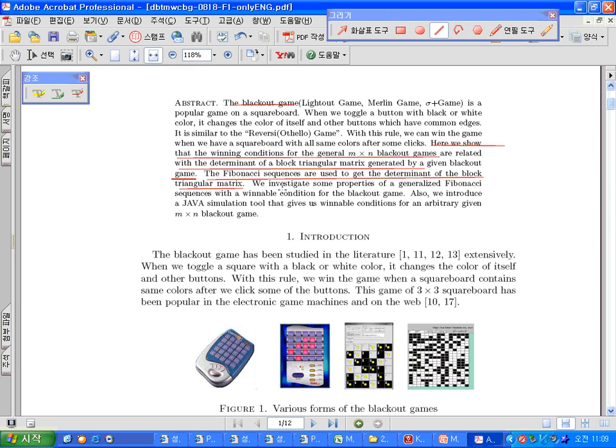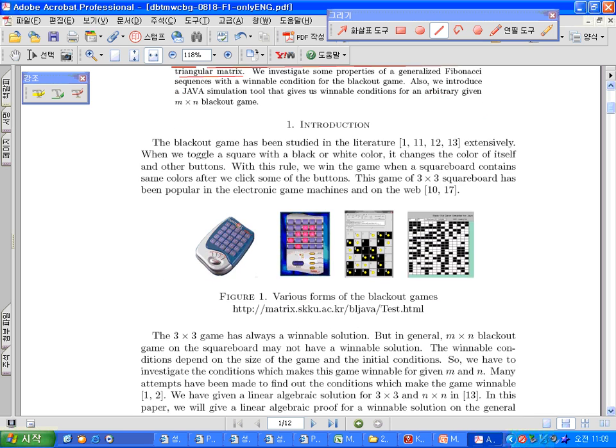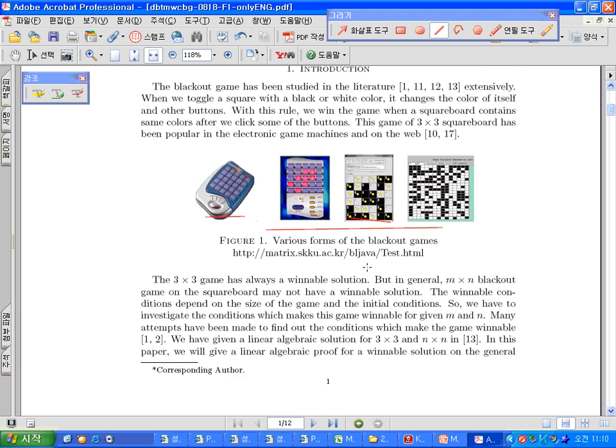We will give the analysis of the determinant of that matrix for the general n by n blackout game. As you see here, there are many different versions of and tools for the blackout game from the handy calculator, and some are C programs, some are Java, and there are many different ones.